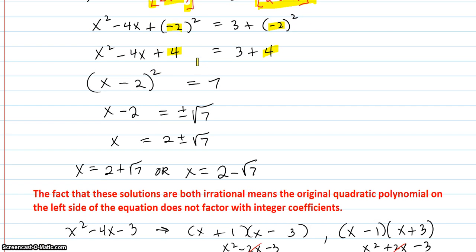Now, the reason why we did all that was to be able to write the left-hand side as a squared out binomial. In other words, this is a perfect square trinomial.